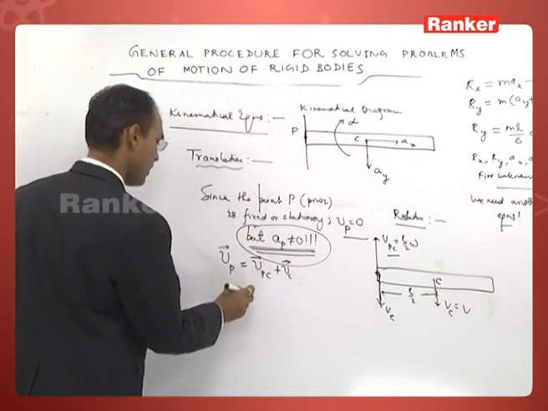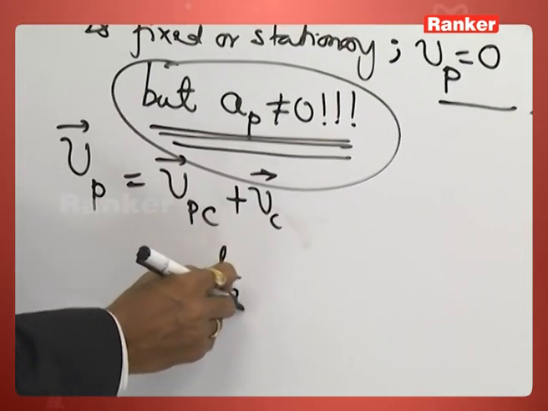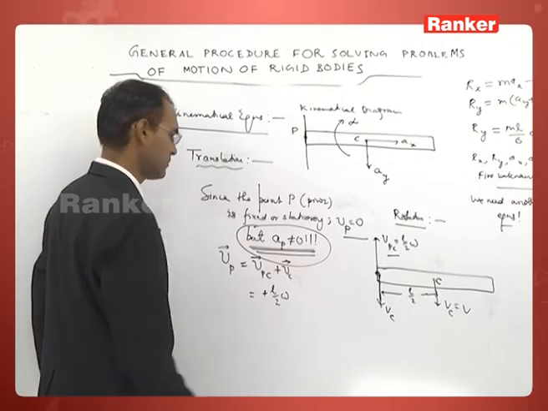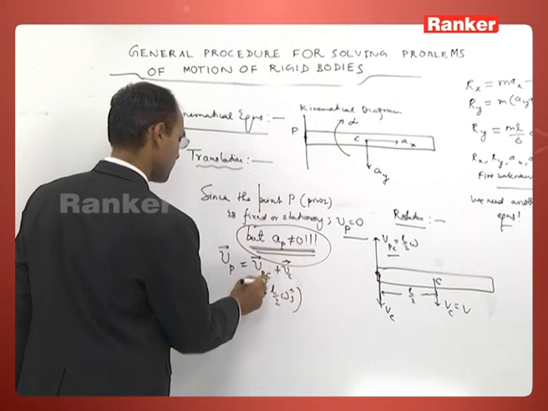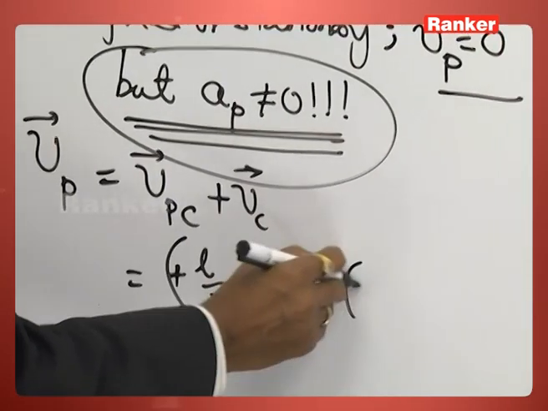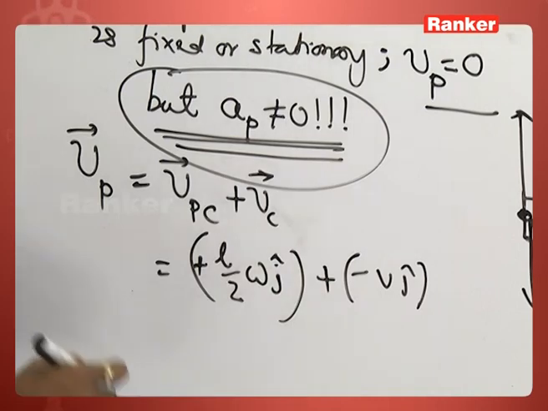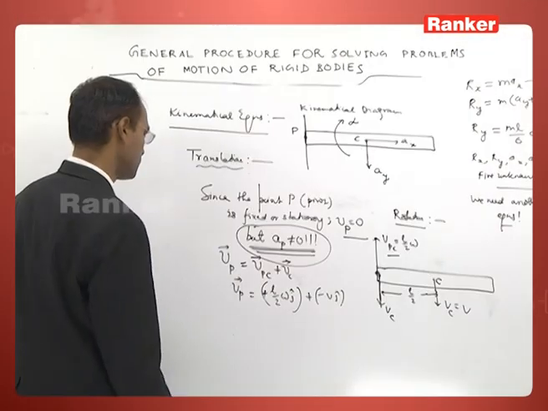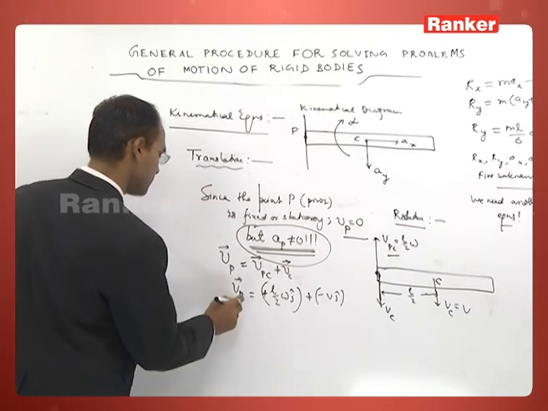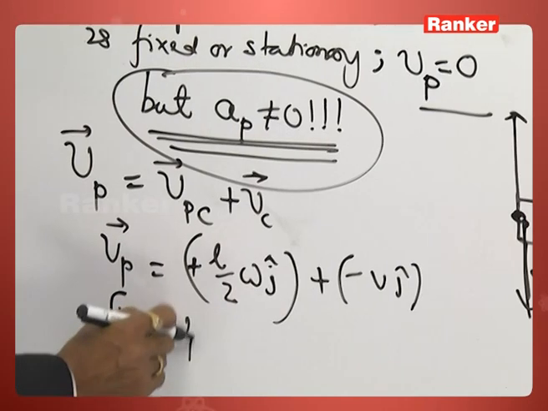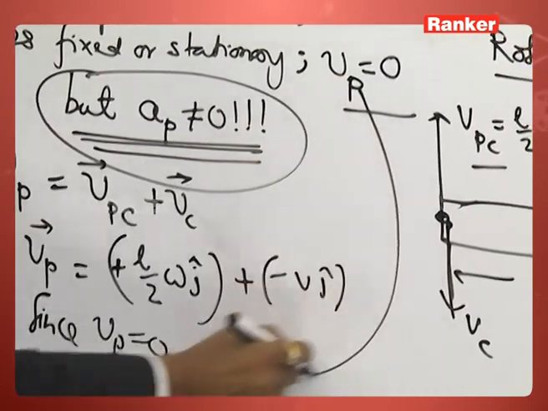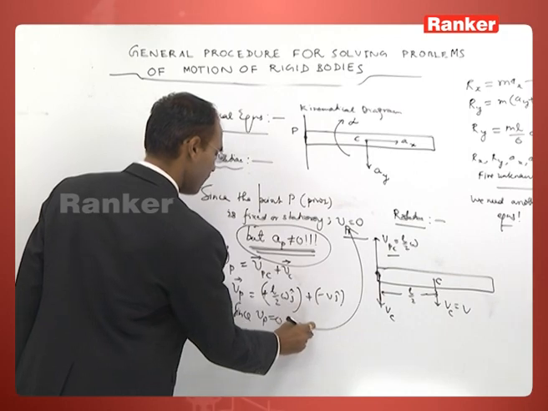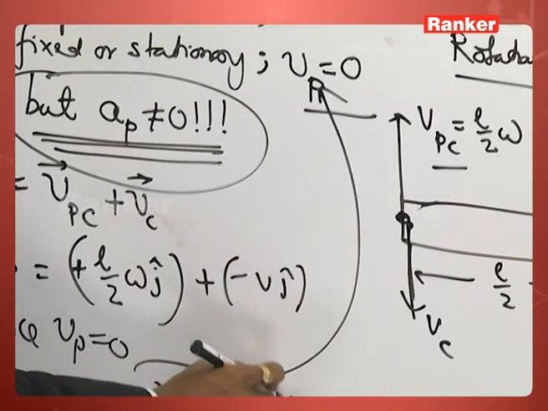Therefore, we can write this as plus L by 2 into omega j cap, plus VC is minus V j cap. We are getting VP. Since VP is equal to 0, we can write V is equal to L by 2 into omega.